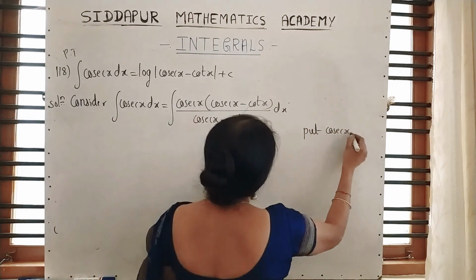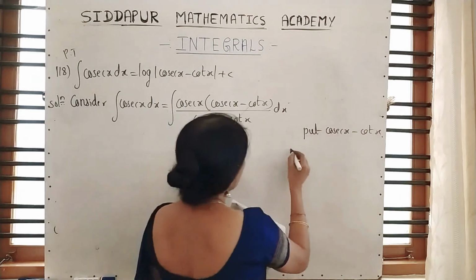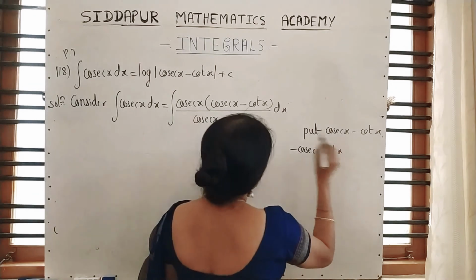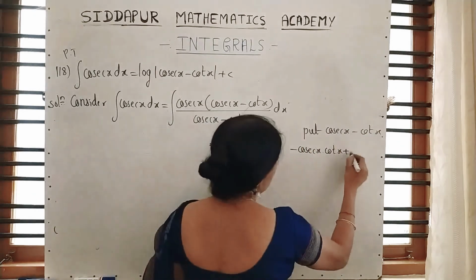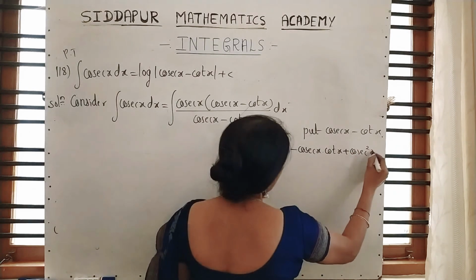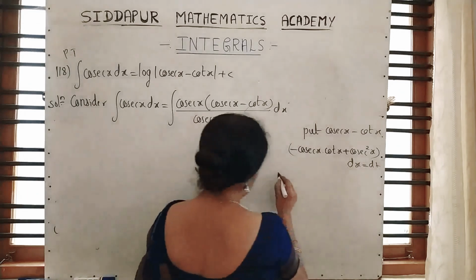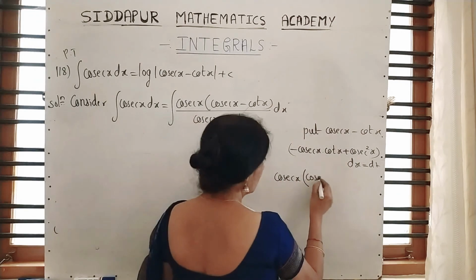Put cosecant x minus cot x as t. Differentiation of cosecant x is minus cosecant x into cot x. Differentiation of cot is minus cosecant square, already minus is there, it becomes plus. Into dx is dt. I took cosecant x common and I wrote the first positive term.